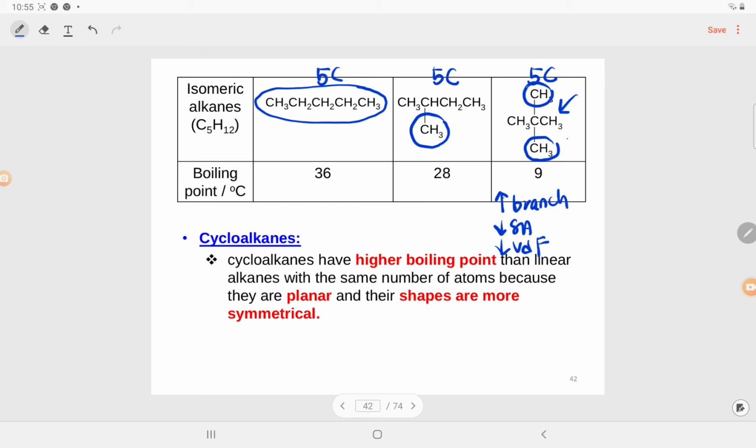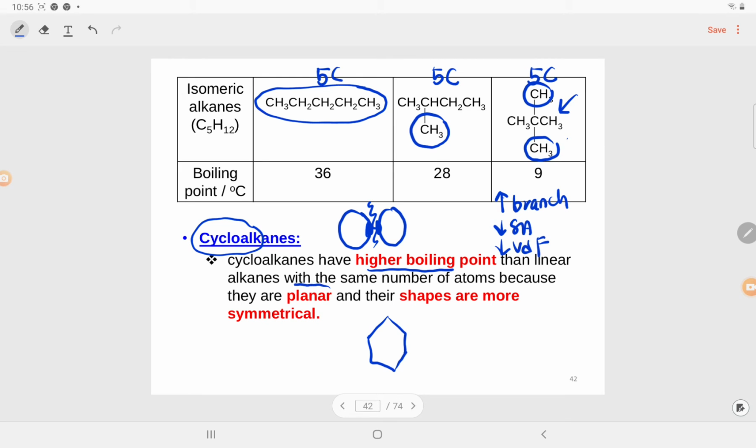For the branch, the analogy we can refer to is a ball. The contact area of two balls is only at this part. So this is a lower contact area, lower van der Waals forces, less energy required to overcome the forces between molecules, and the boiling point becomes lower. How about the cycloalkane? For example, cyclohexane, we can classify it as having a higher boiling point.